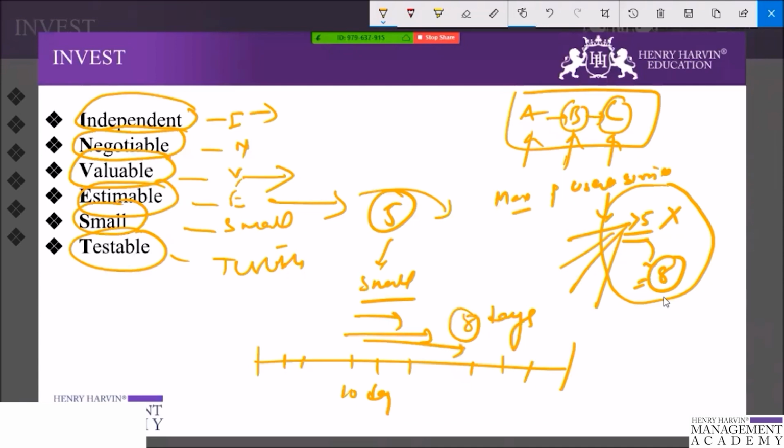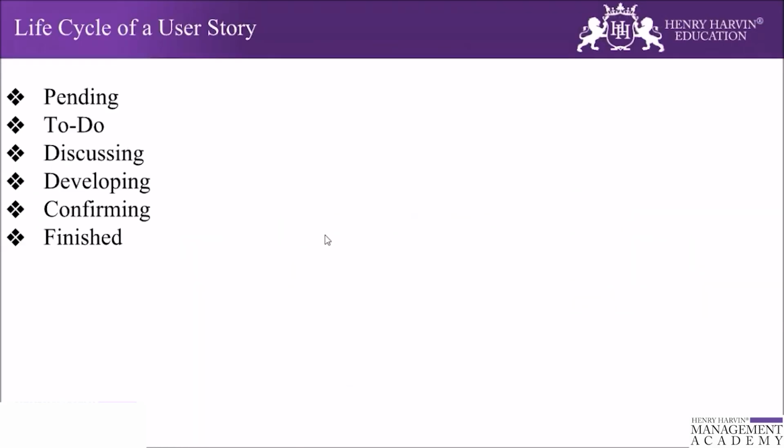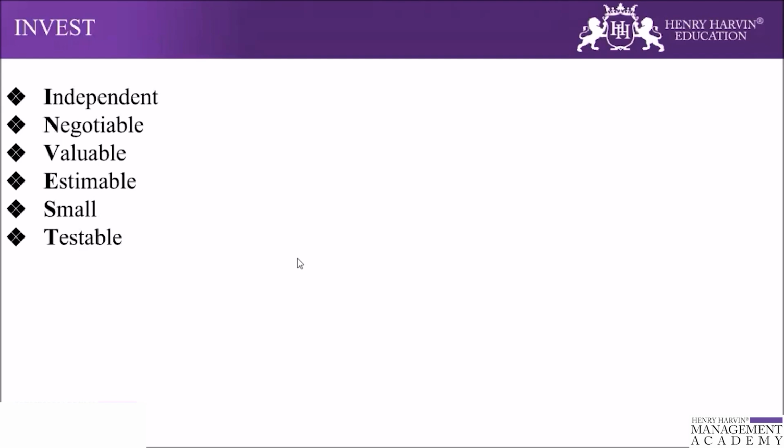But how will they test the story if all the team members are giving stories to the tester on the 8th day or maybe on the 7th day? So the user story, when I say small, it should cover 3 to 4 days.